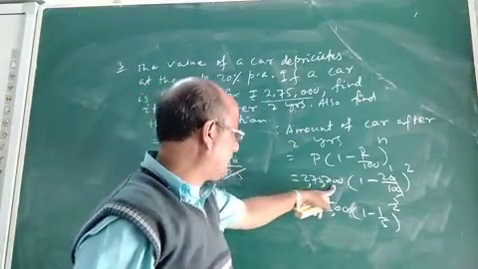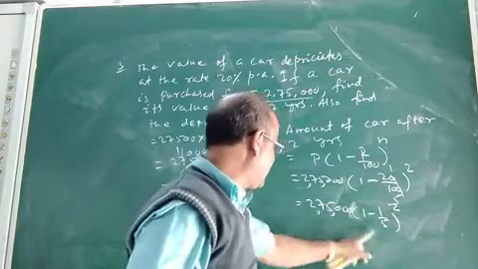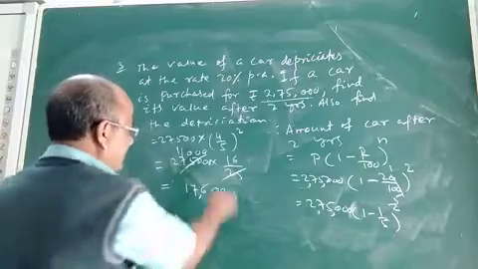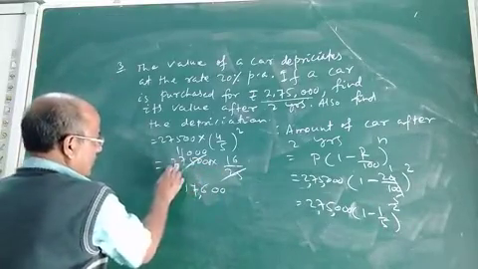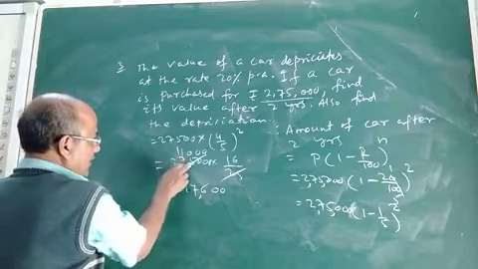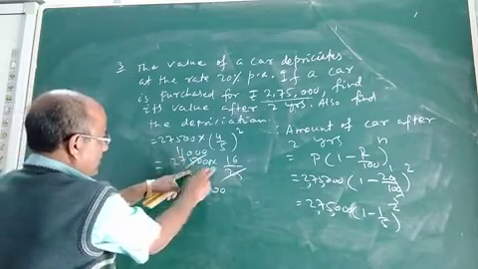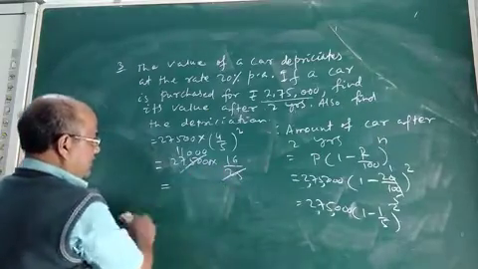So it will be 2,75,000 into 1 minus 1 by 5. It is 5 minus 1 is 4 by 5, 4 by 5. Yes, it is 16 by 25. Now you do the cancellation. 25 1 is 25, 25 11 is 275. Then how many zeros are there? 3 zeros. 11,000. So 11,000 into 16.